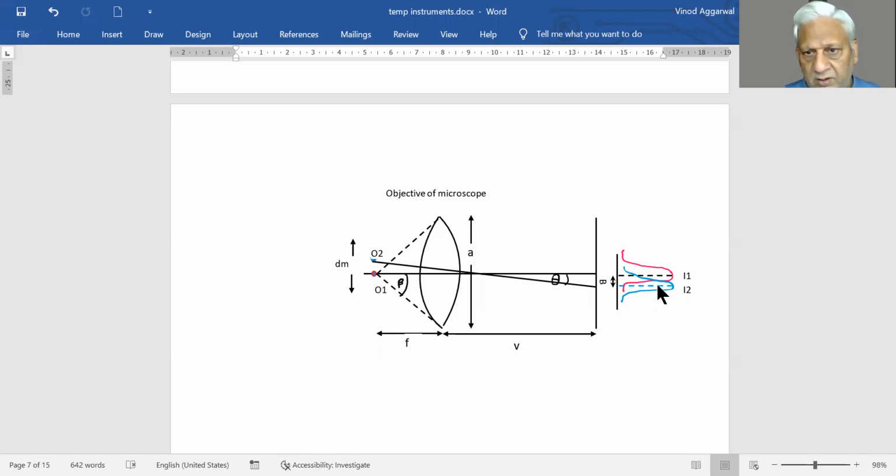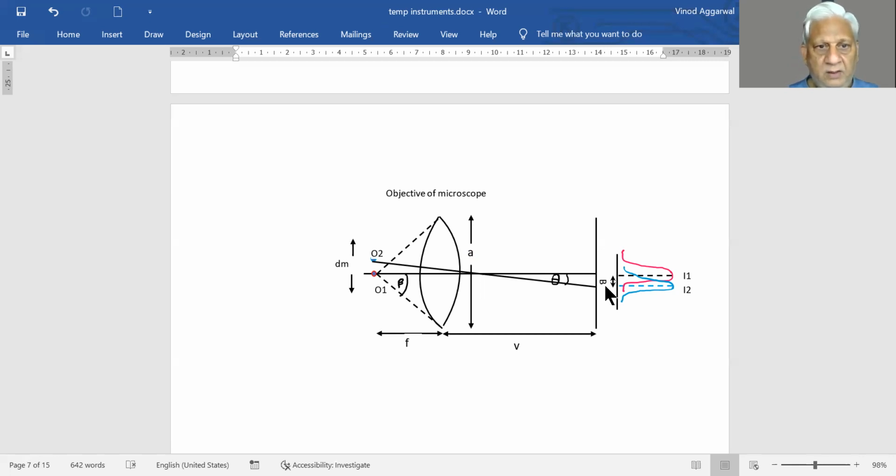And if the maxima of the blue one falls on the first minima of the previous one, then we are just able to resolve it. Meaning thereby, if the distance between maxima of this and maxima of this, which happens to be coinciding with the first minima of this, let's call this distance as B. This is the minimum distance that can be resolved.